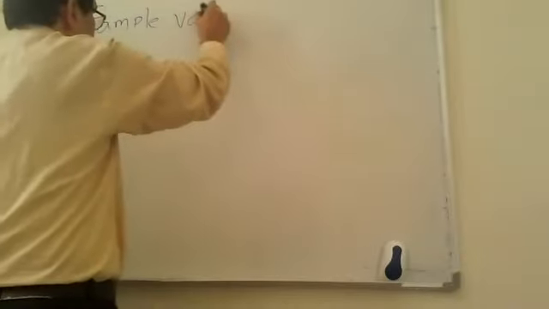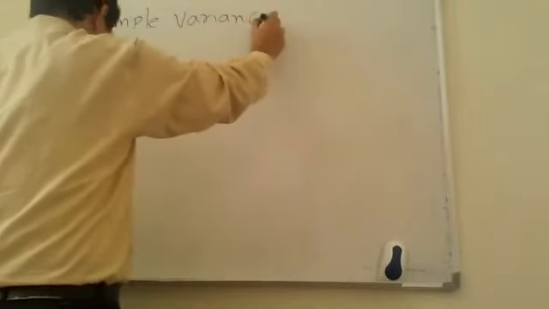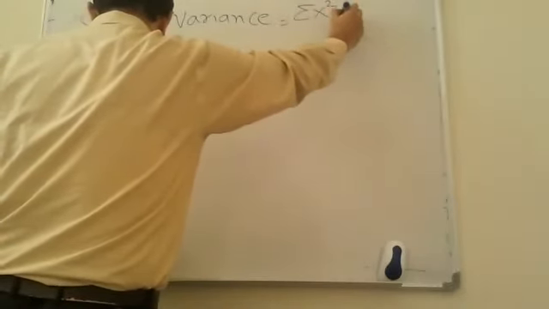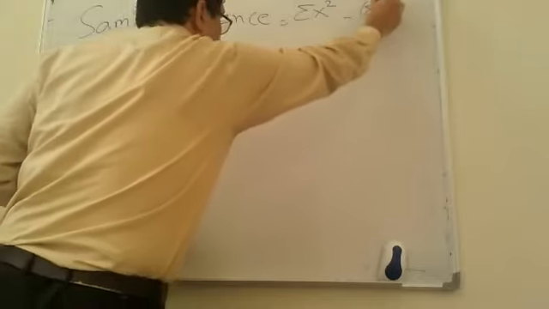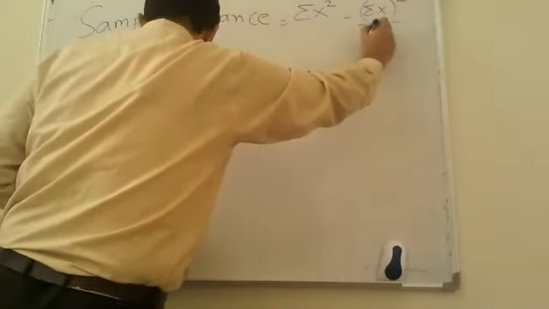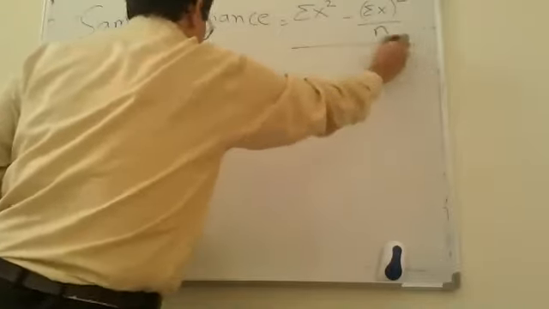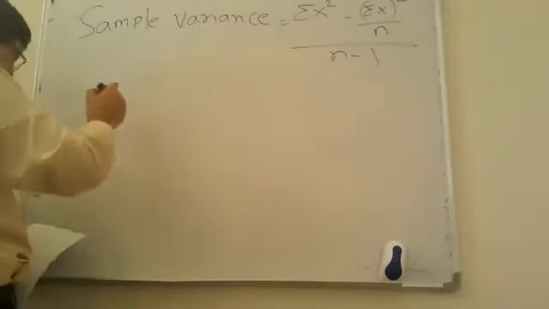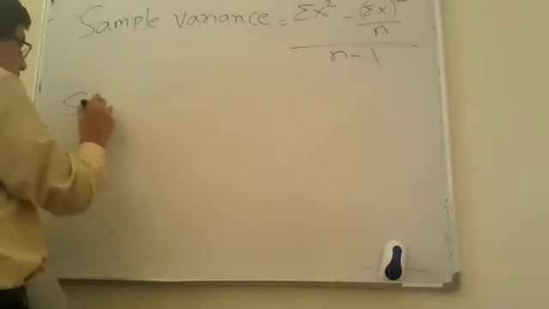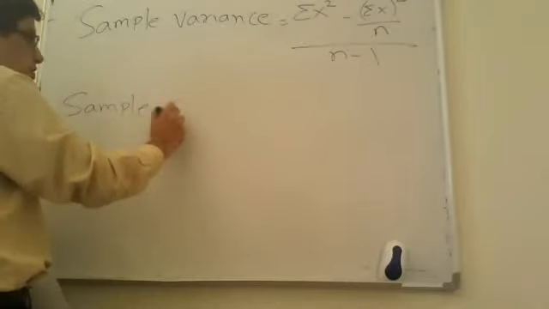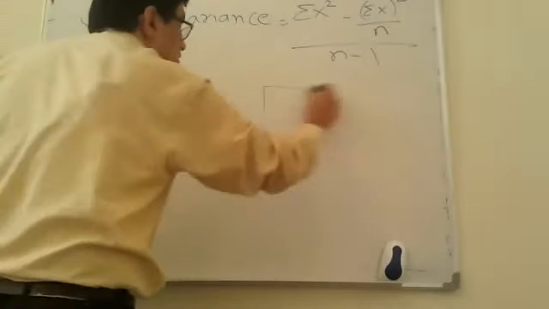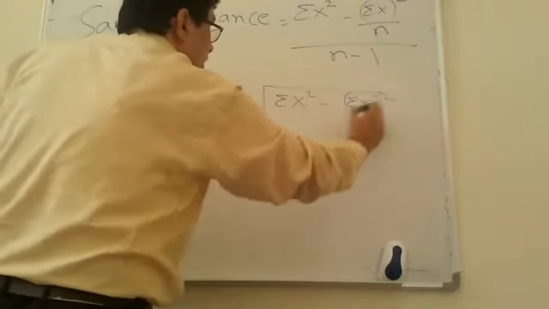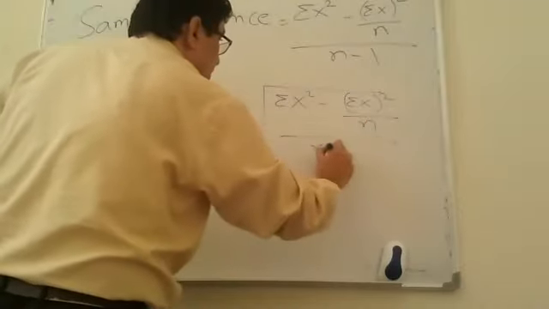Sample variance is the total of x square minus total of x whole square divided by n, whole divided by n minus 1. The sample standard deviation is just the square root of this.